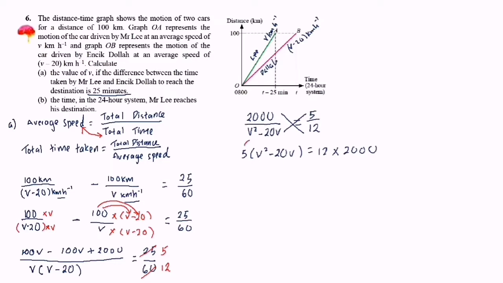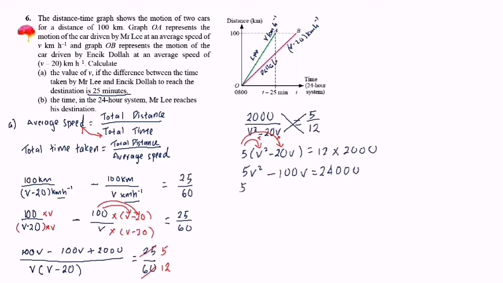We expand the bracket. 5 times v squared equals 5v squared minus 5 times 20v equals 100v equals 12 times 2000, 24,000. So we need to solve the quadratic equation.